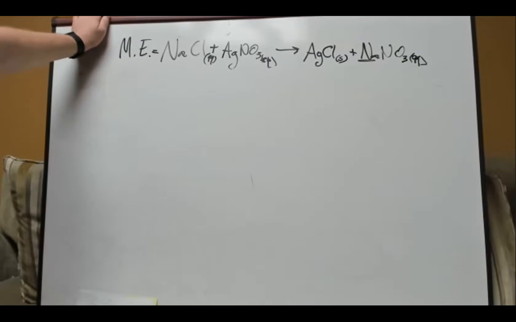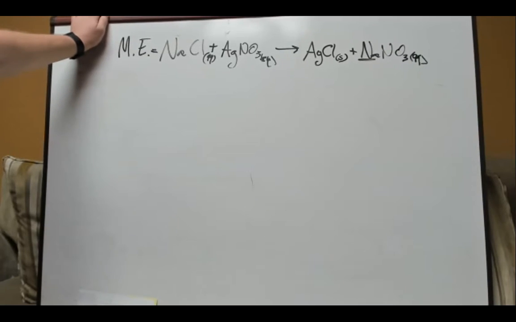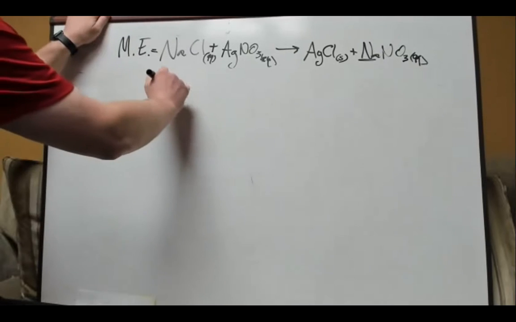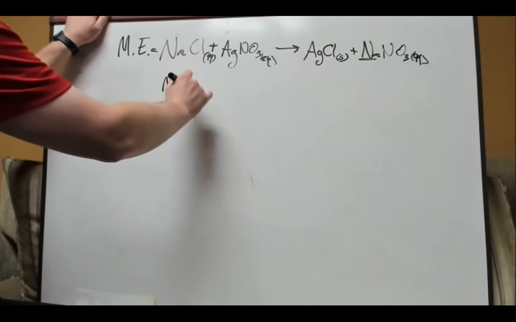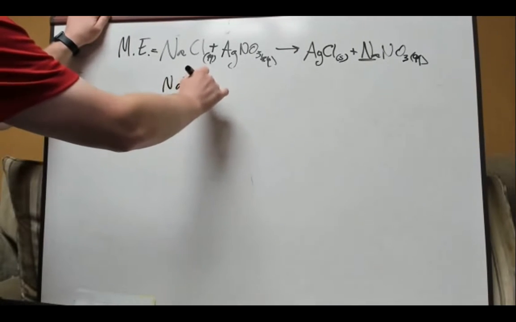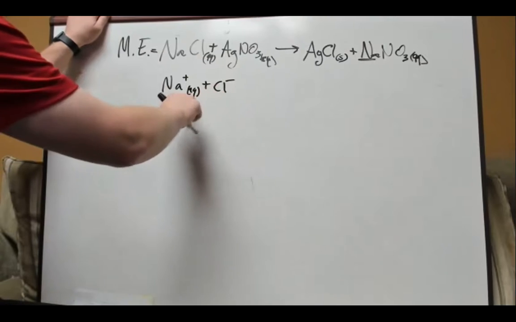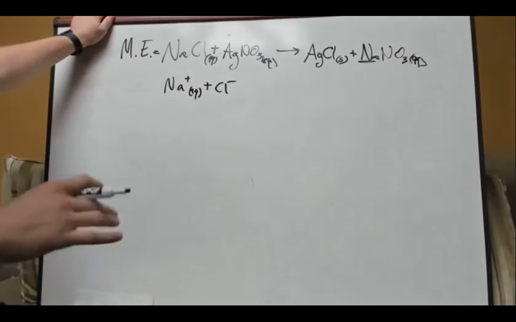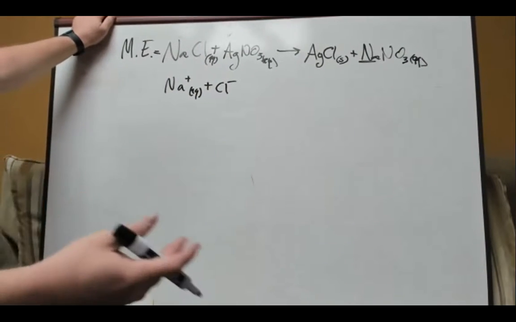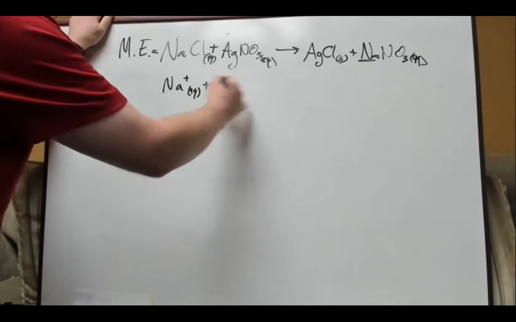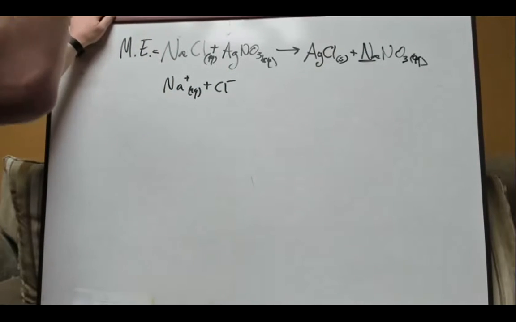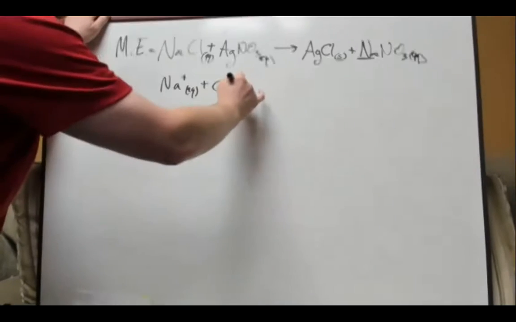Now, for strong electrolytes, which all of these are except for the silver chloride, they will dissociate completely in water. So what this actually looks like, and I'm not going to put the states of matter, but usually with an ion you put aqueous on it. Just for the time being, I am going to leave it off.